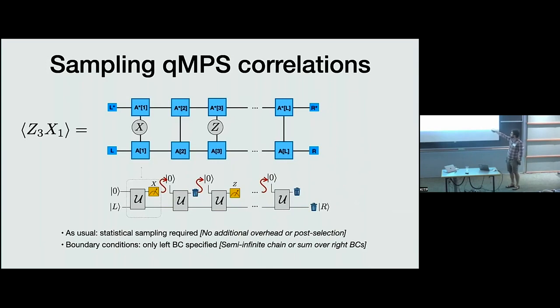On the second site, I'm not measuring anything, so I would just measure in whatever basis and disregard that information, the physical qubit. Reset it to 0, proceed, measure in the Z basis. And then, in principle, I could keep going down the chain and measure whatever correlations later in the chain that I want. In practice, you can see that all these future results won't impact this correlator, so I could just stop here when I'm done.